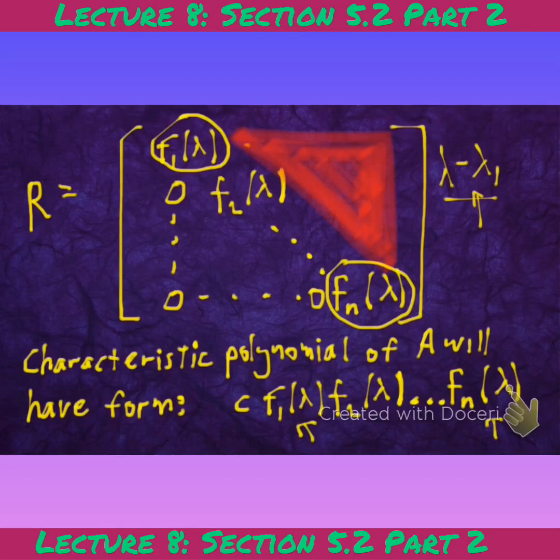So therefore, if you have only two zeros that occur in f1 and fn, it's going to mean that the geometric multiplicity is less than or equal to the algebraic multiplicity, because then the dimension is going to be 2, and you're going to have, at least in the characteristic polynomial, this factor occurring twice.